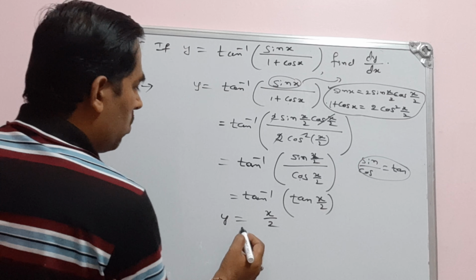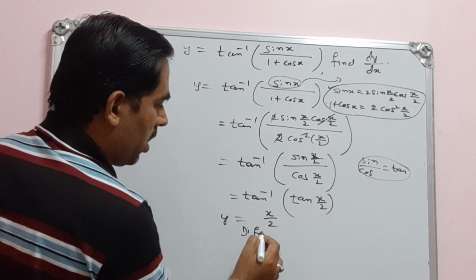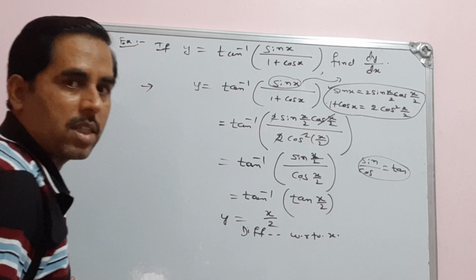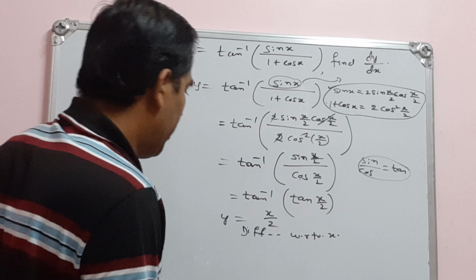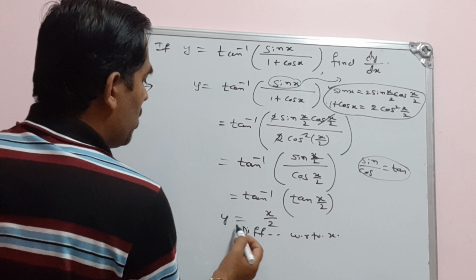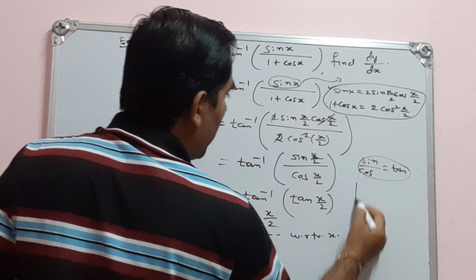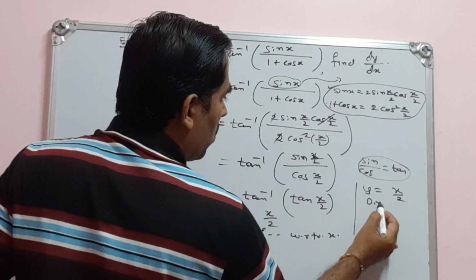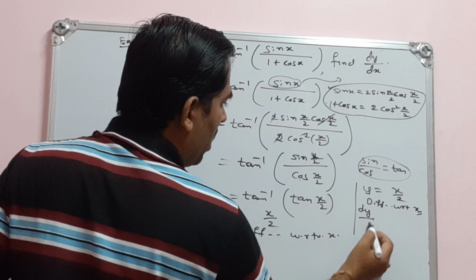Now at this step we can differentiate this with respect to x. So differentiating this with respect to x, we will get the derivative. Let me write it here. What I got, y is equal to x by 2. Then you differentiate with respect to x on both sides. We get dy by dx.